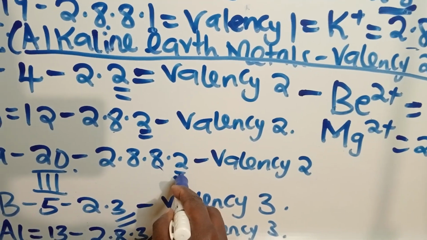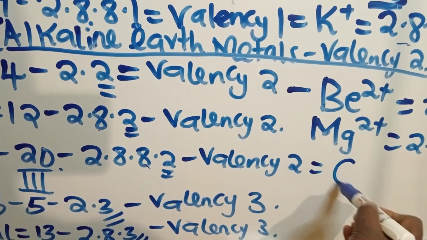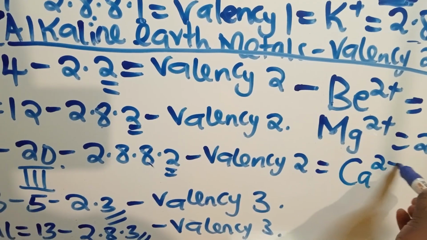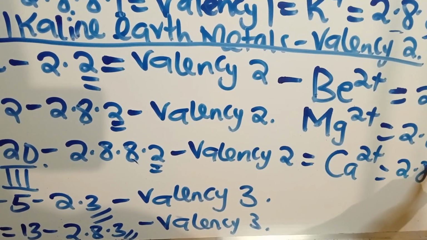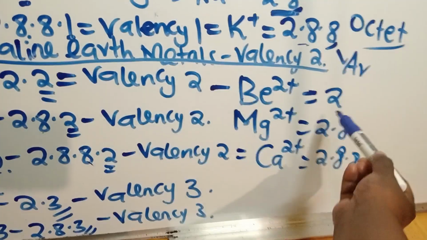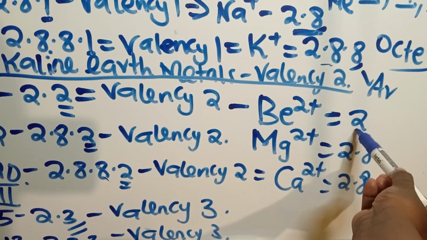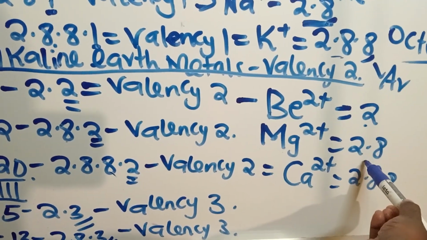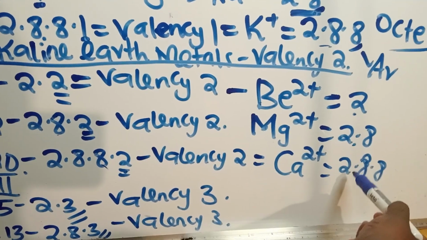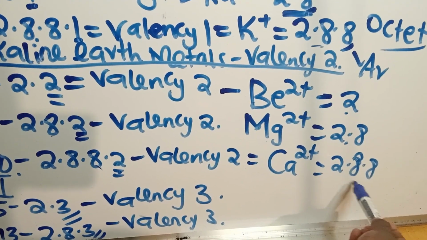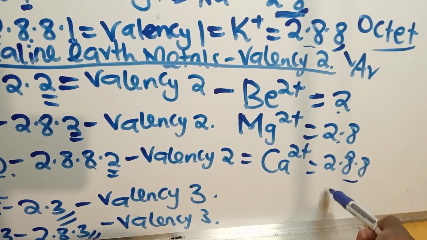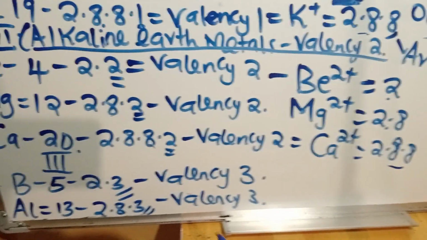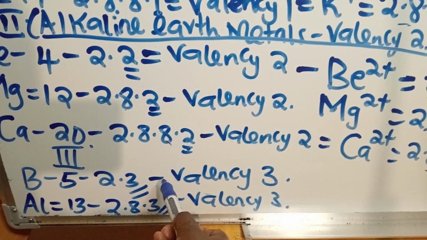Calcium, it loses the 2, so becomes Ca 2 positive with 2.8.8. So this one like that one of helium, this one like that of neon. I can already hear you saying that calcium becomes stable with an ionic arrangement like that one of argon. Very good. So we go on to this one.